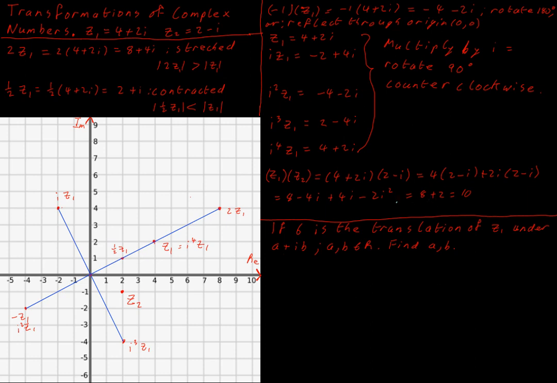So I end up with a mix of rotation and stretching and contracting. So long as the modulus of my numbers would be greater than 1, I would end up with stretching overall. And my z1 times z2, I actually get the real number 10.